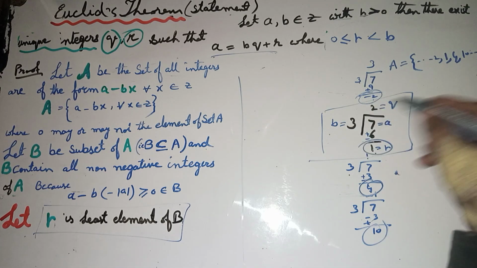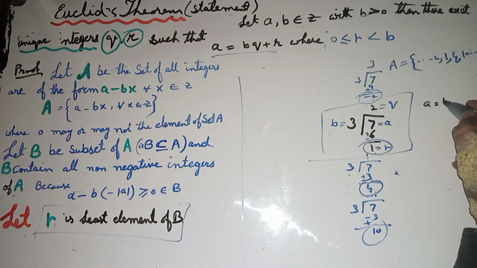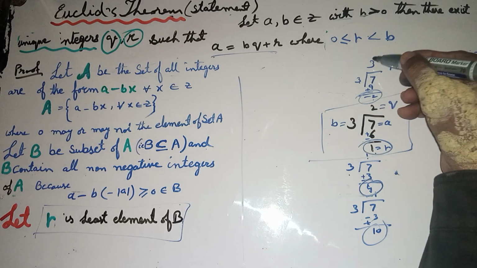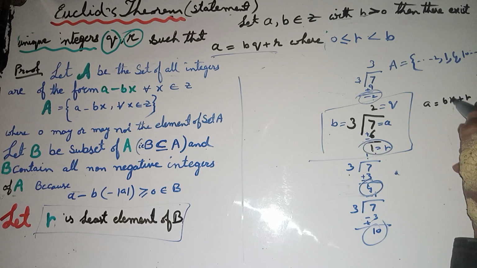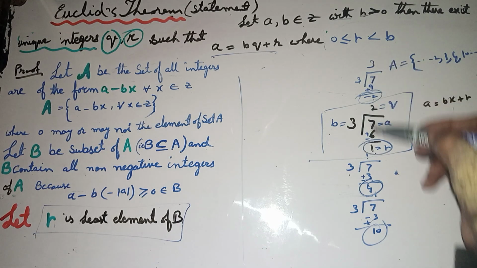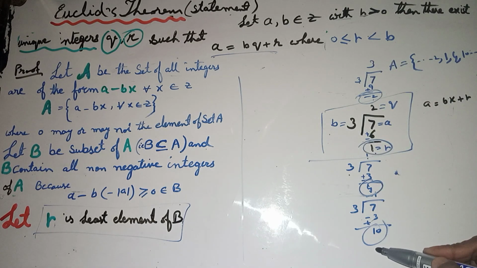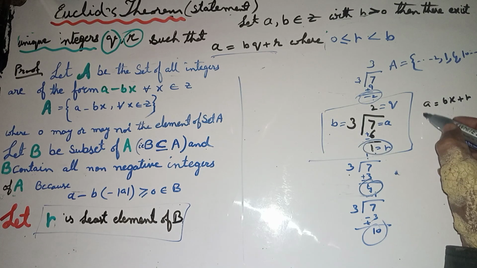What was this equation? A is equal to BQ plus R. If I take X here, I'm taking different quotients, so I took X because I'm taking different quotients. So what will R be?